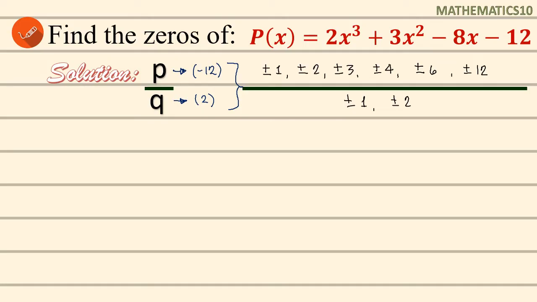In our previous lesson, if the leading coefficient is just 1, that means the possible zeros would be identical to the factors of the constant term. That is based on the corollary to the rational zero theorem, which we also used in our previous lesson.